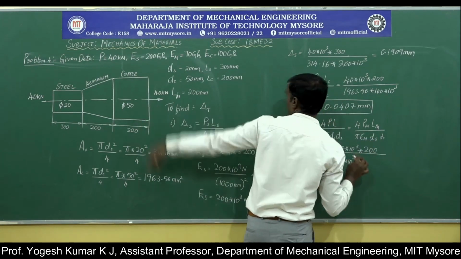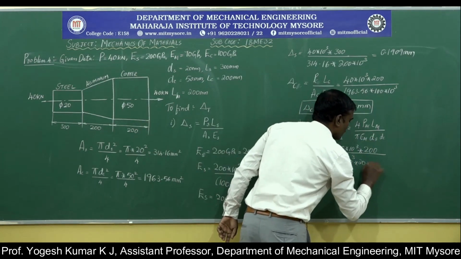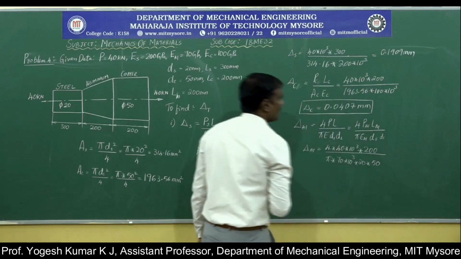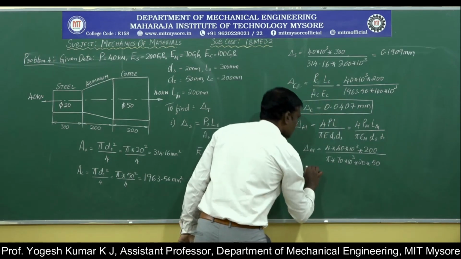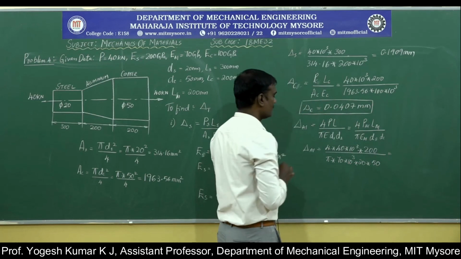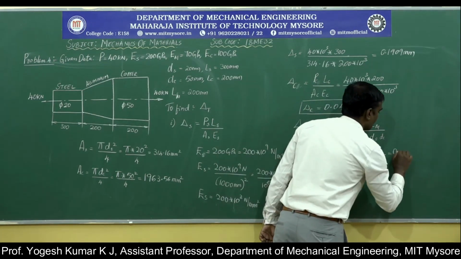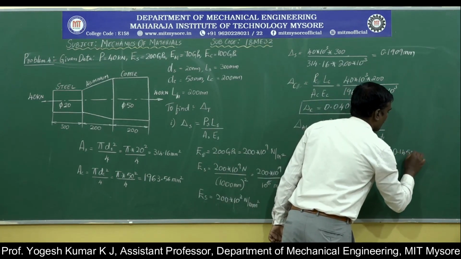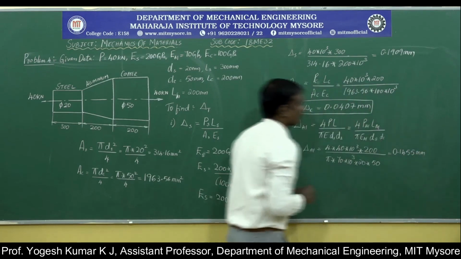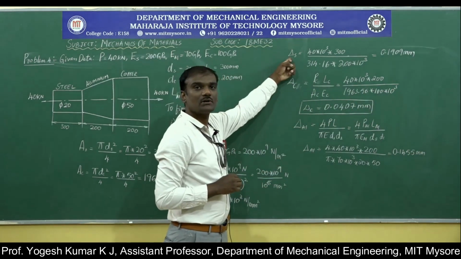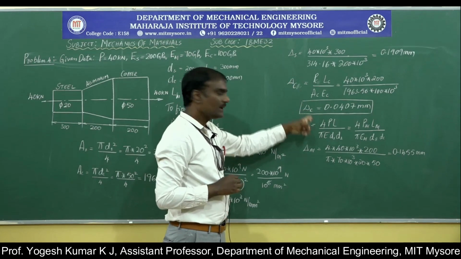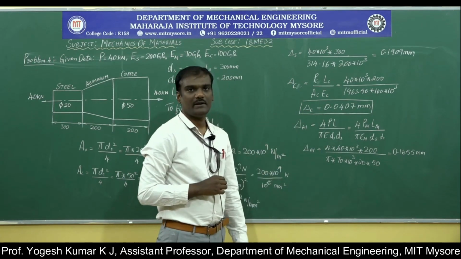Diameter of steel is 20 mm, diameter of copper is 50 mm. On substitution and calculation, we get delta AL as 0.1455 mm. Observe, we have found the extension of steel, copper, as well as aluminium.